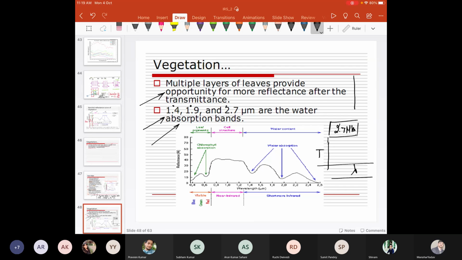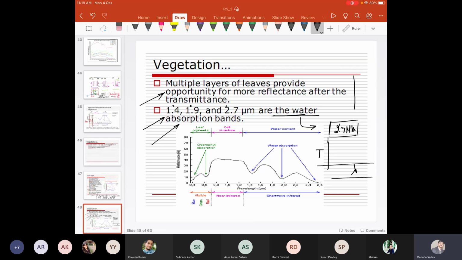The concept is the same: it's a water absorption band. There is a kind of trapping of the entire energy due to the resonating effect. So wherever water is a component, the behavior of water will be the same, even if water is mixed with some other object.